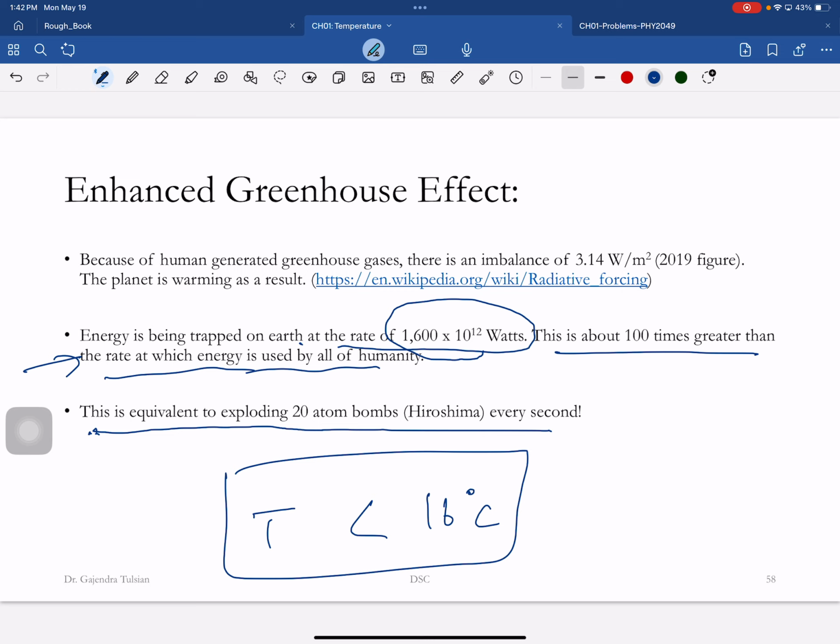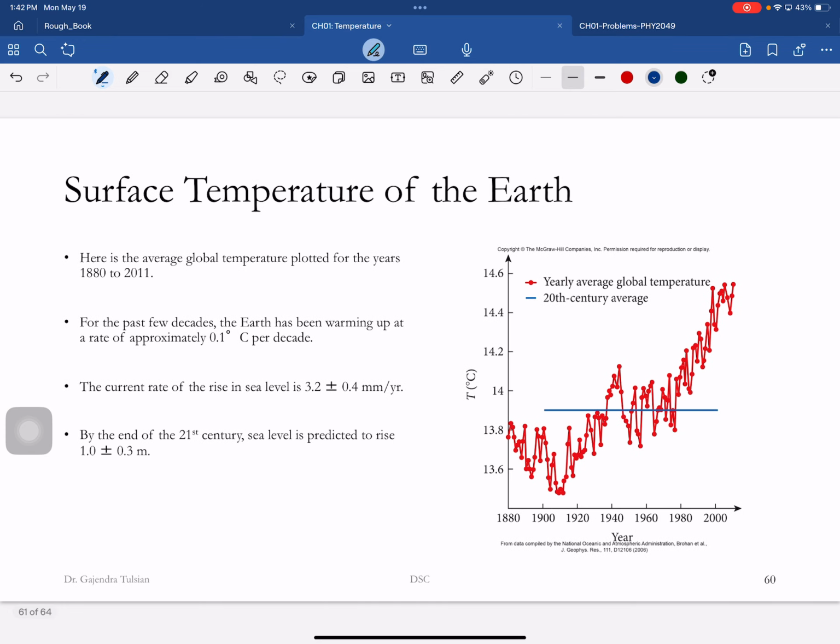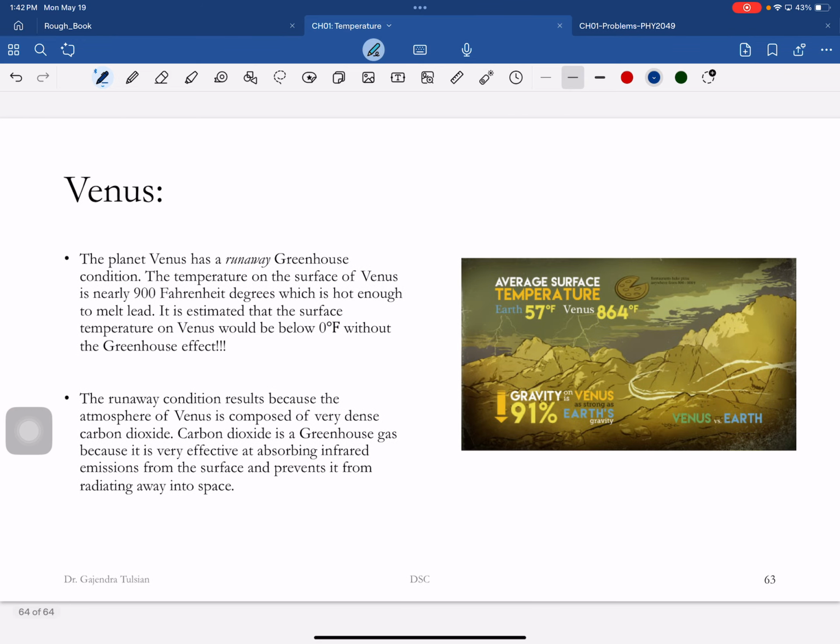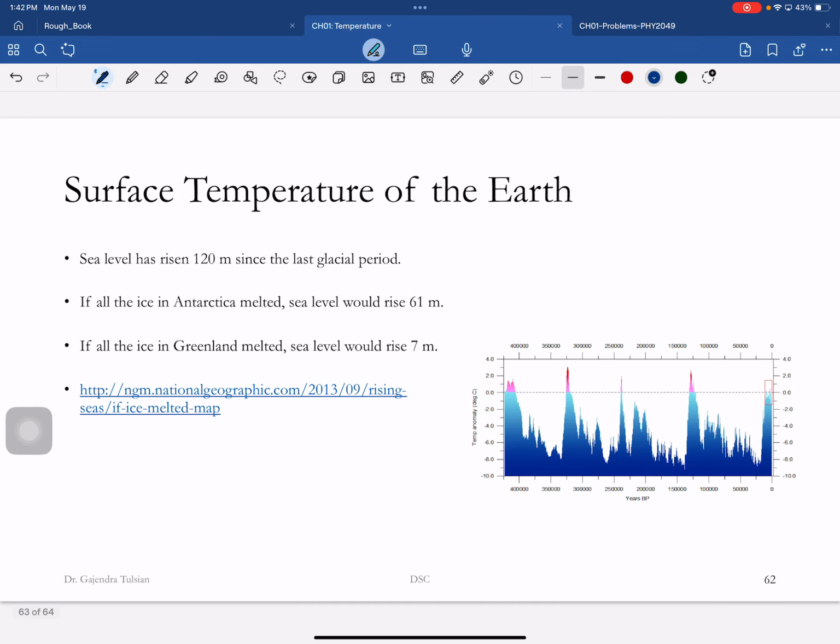All of that would melt and the sea levels would rise by about 7 to 10 meters. That would displace about a billion people, 700 million people. Bad news. But I'm not worried about it because I'll be long dead. The problem is yours.